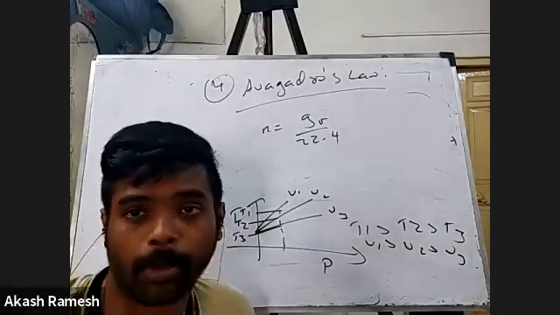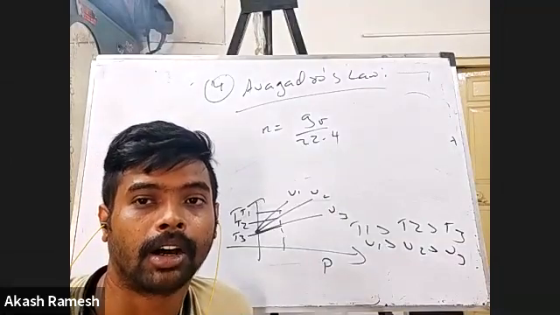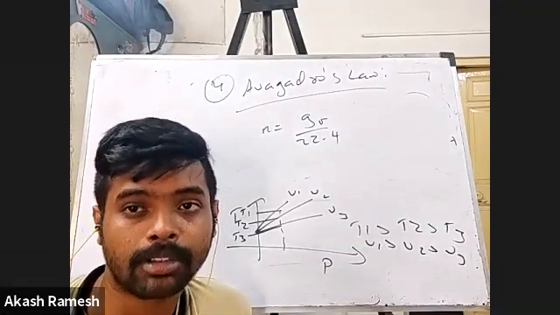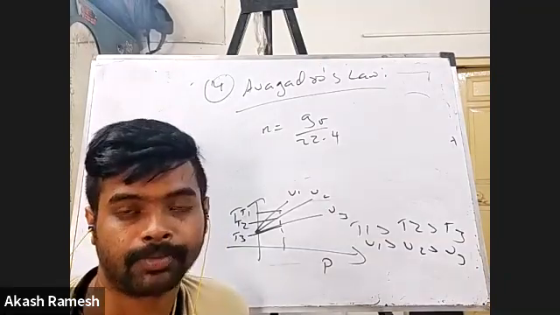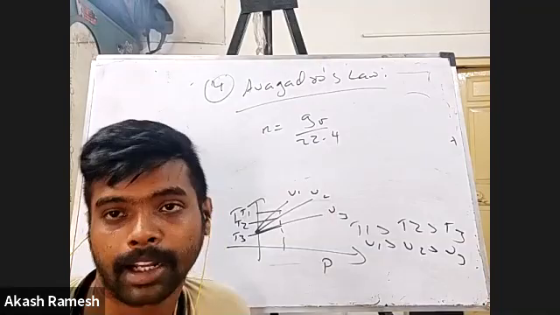So what I asked is, I have the definition of moles with respect to number of particles. We have studied this in the first chapter. I want you to tell the definition. 6.022 into 10 to the power 23.